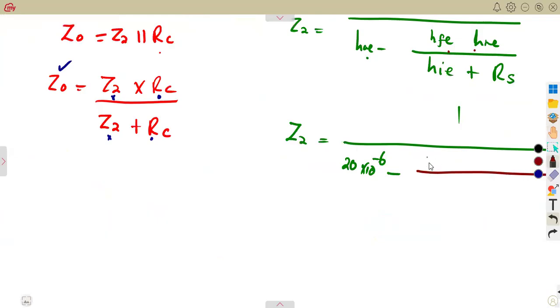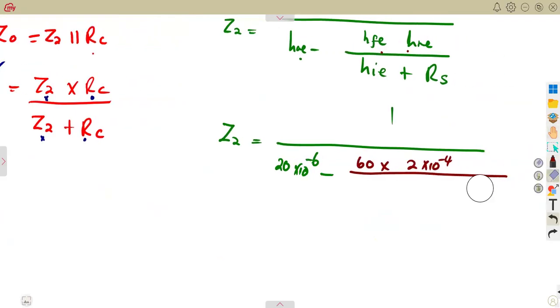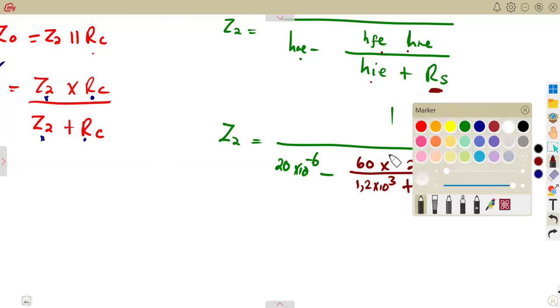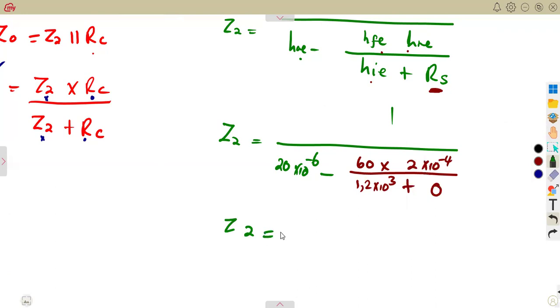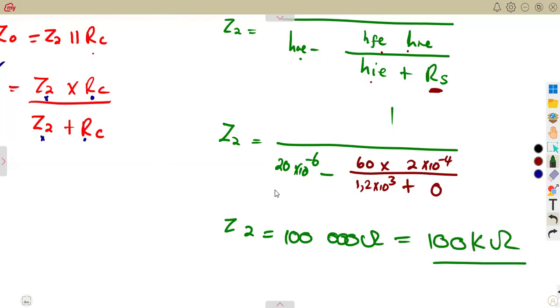So we're going to have 60 times 2 times 10 to the exponent of minus 4, divided by HI plus RS, where HI was given as 1.2 times 10 to the exponent of 3, plus our RS, which is 0 there. We do not have resistance of the source. That gives us Z2, which is 100,000 ohms, equivalent to 100 kilo ohms.